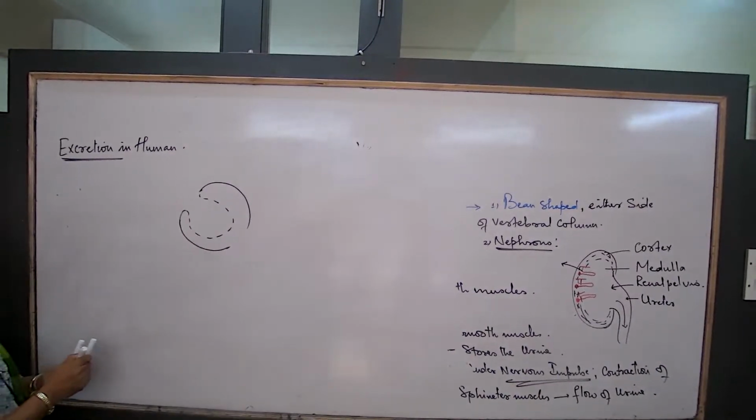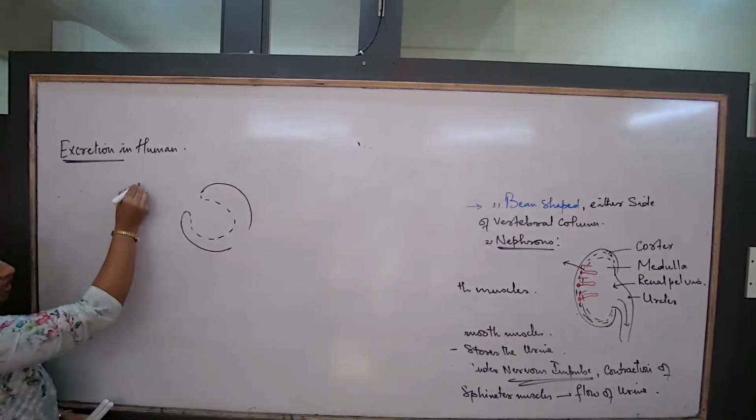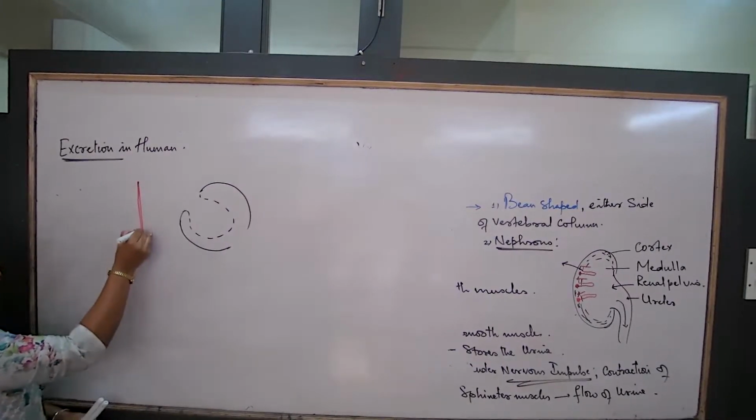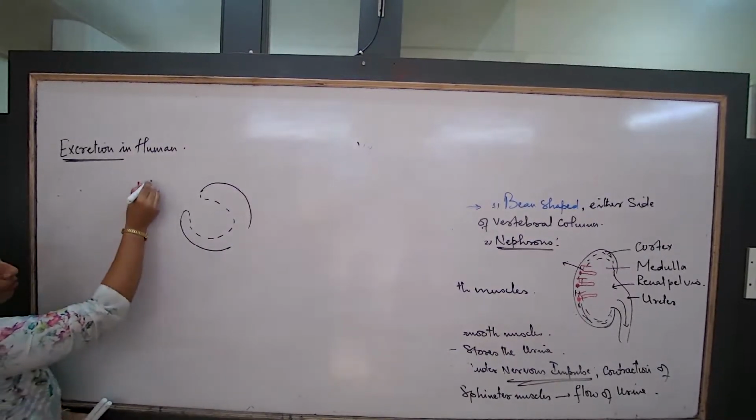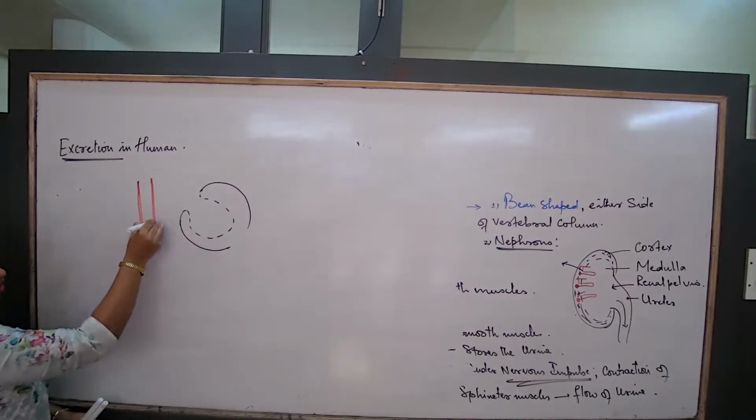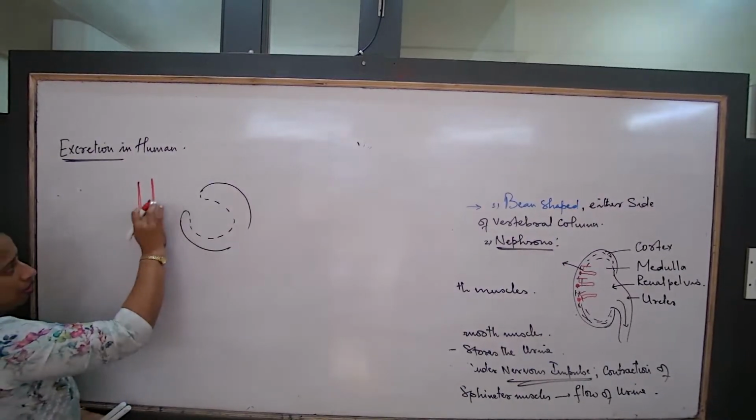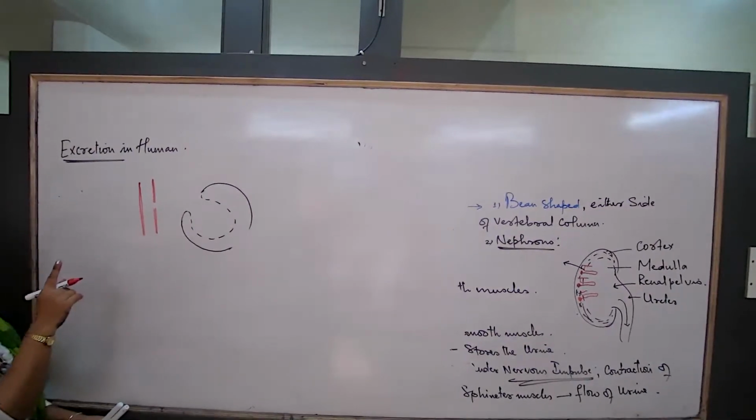First of all, we are talking about a structure like this. What would this vessel be? This vessel that I am drawing is the one we had drawn which is entering the kidney.